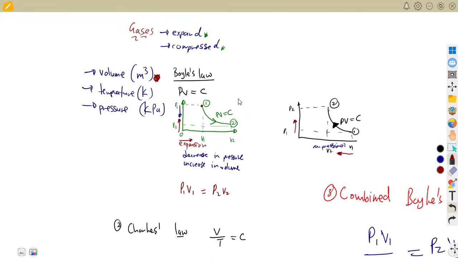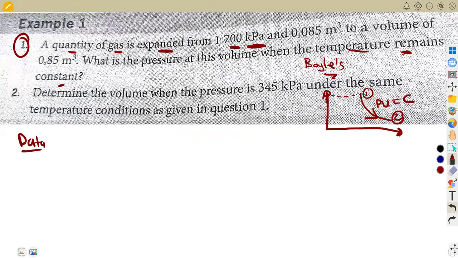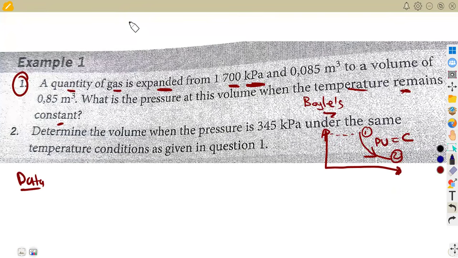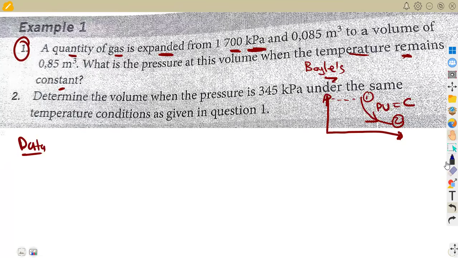Temperature is in Kelvin, where you add 273 to convert from Celsius. So if it's 20 degrees Celsius, it's 20 plus 273, in Kelvin. So temperature in Kelvin, pressure in kilopascal. That's the units that you need there.